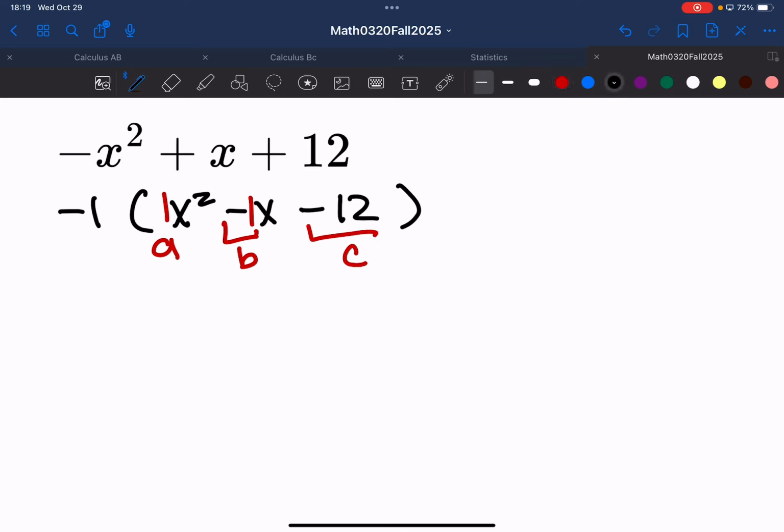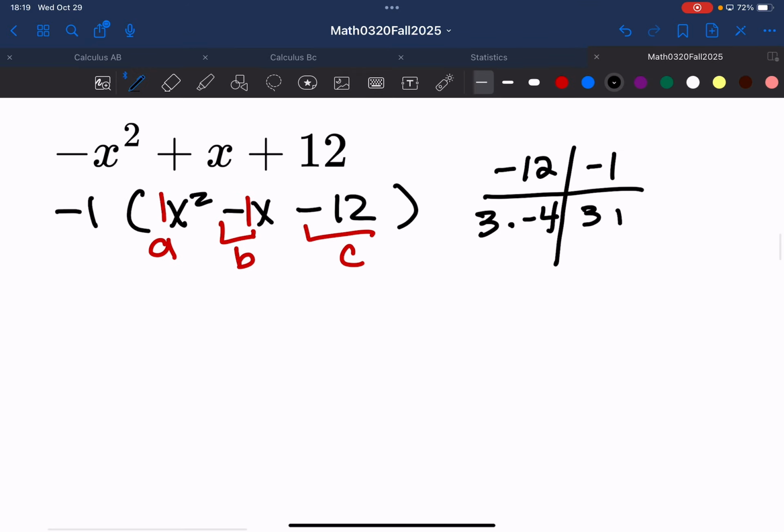So I need two numbers that multiply to -12 but add to -1. 3 times 4. Which one's negative? The 4, right? 3 times -4 gives us -12, and then 3 plus -4 gives us -1.